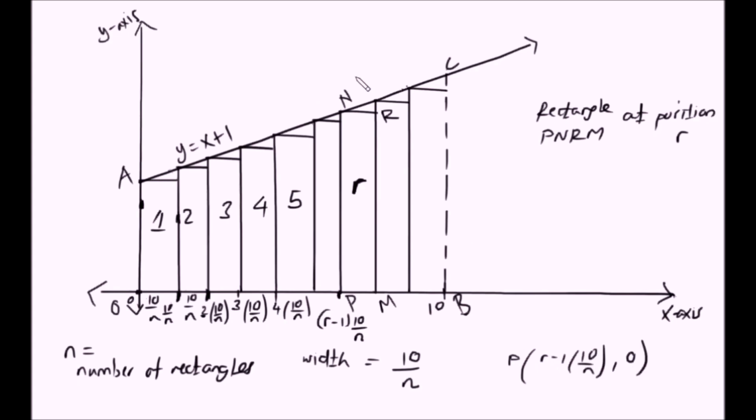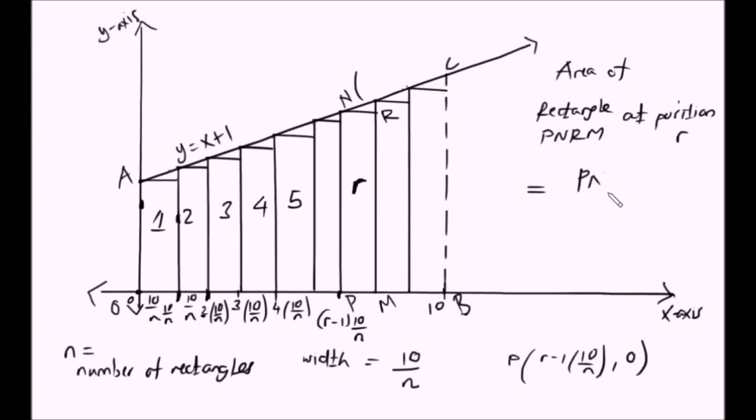Sasa what about N? Umeona N? Why do I want N? I want to find the area of this rectangle, PN. Sasa area ya rectangle yote ni length times width.